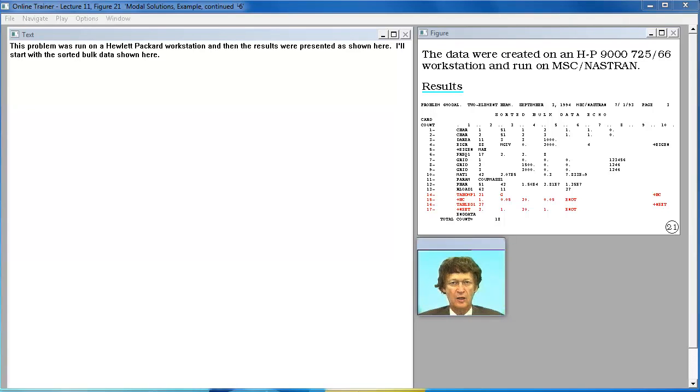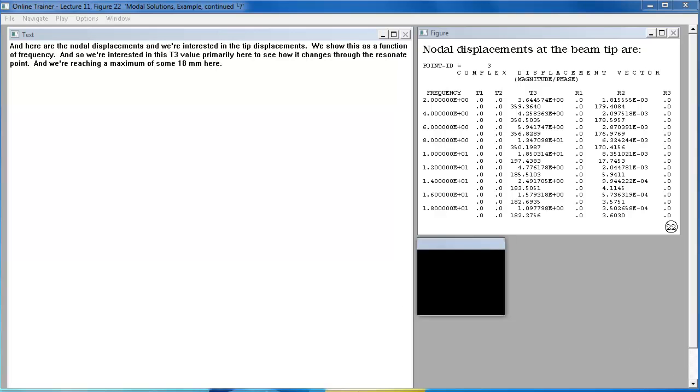This problem was run on a Hewlett-Packard workstation, and then the results were presented as shown here. I'll start with the sorted bulk data shown here. And here are the nodal displacements, and we're interested in the tip displacements.